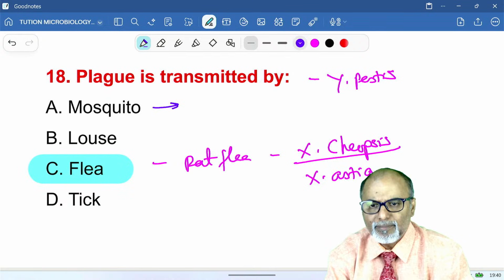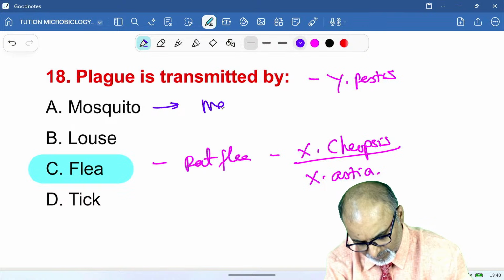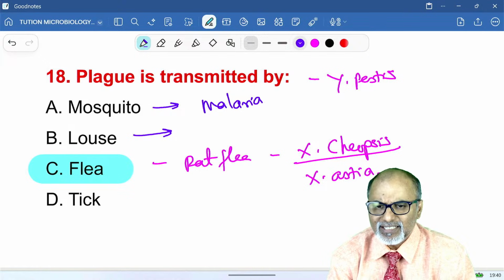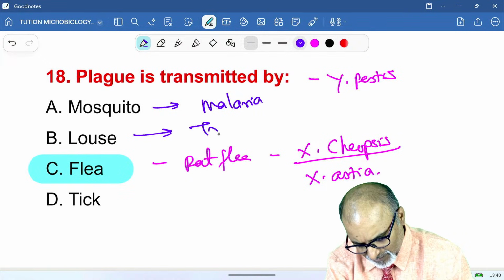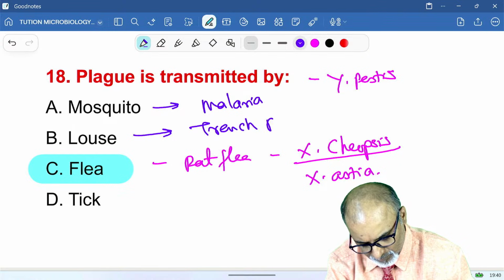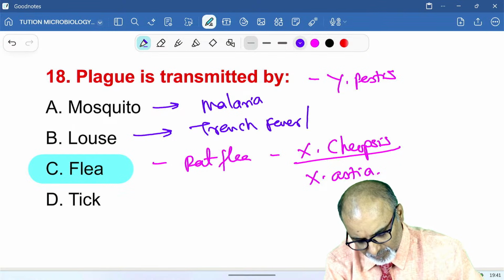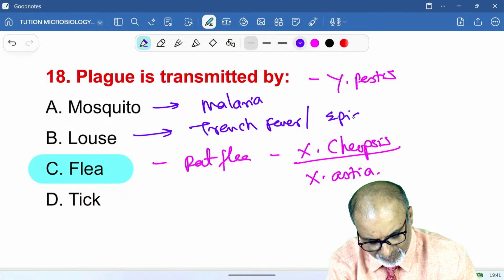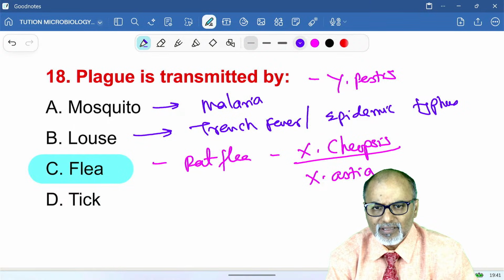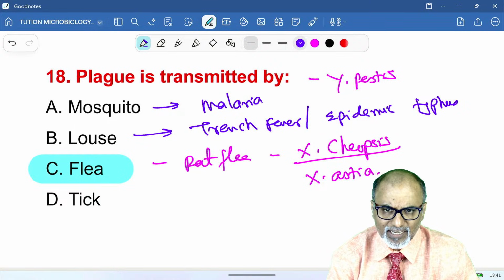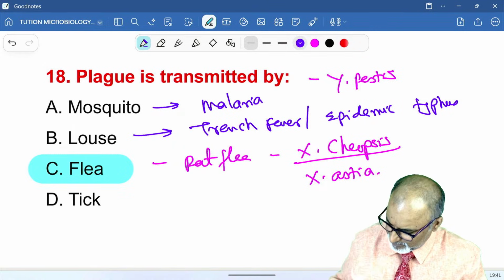Mosquito, malaria. Louse is the vector for trench fever or epidemic typhus.